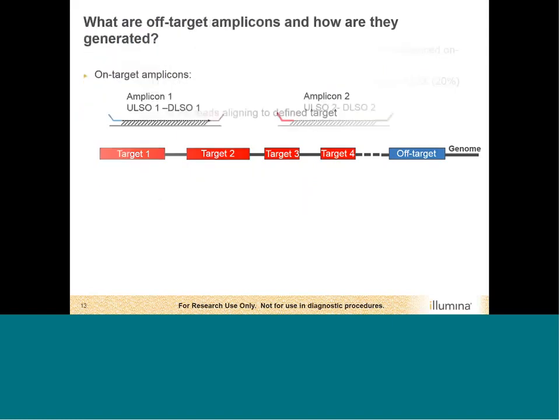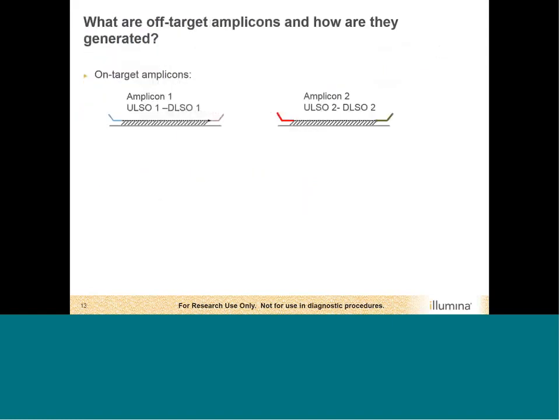So how are these off-target amplicons generated? Let's talk a little bit about that. So here's an example of two on-target amplicons. Those are exactly what we are designing, what we want, what we expect. So you have amplicon number 1 that is formed of the ULSO-DLSO pair 1, and amplicon 2 formed by ULSO-DLSO pair 2.